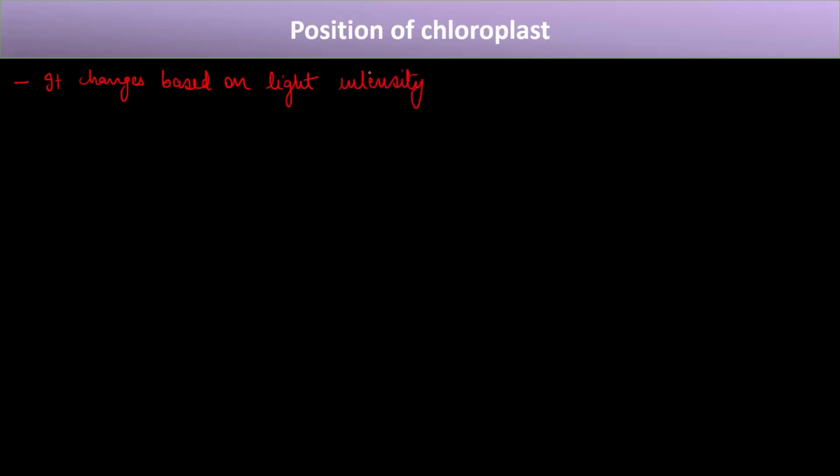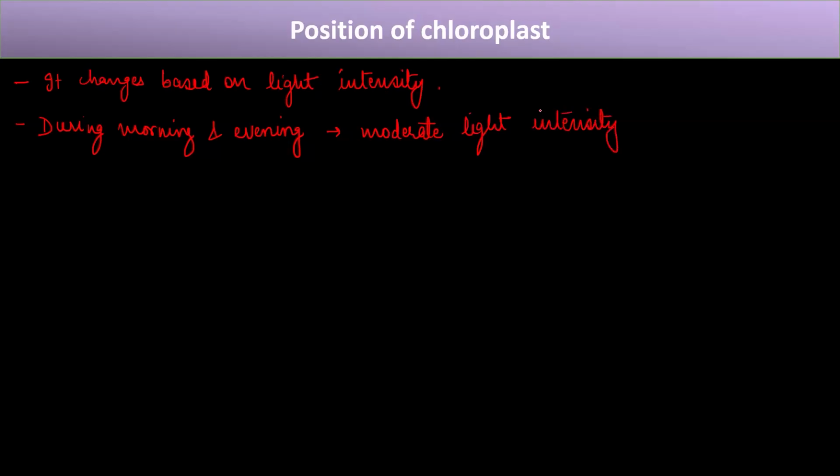So there can be two situations. In the morning or evening, we have a bright light, but its intensity is not very high. So during morning and evening, we have moderate light intensity, right?